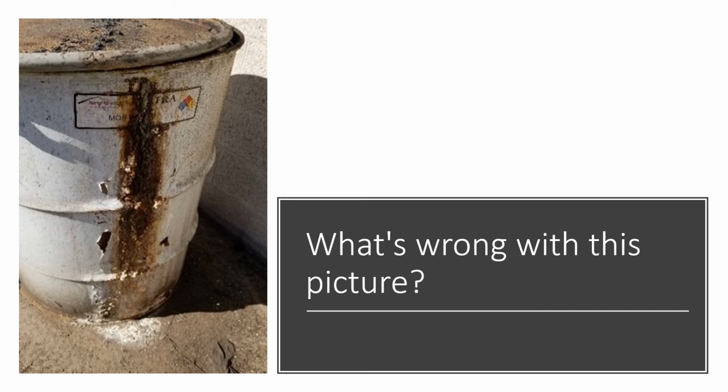Next, we can see that this container obviously is not compatible with whatever waste is being stored in it, and it is burning a hole into the container. Another thing wrong with it is there's no type of label saying that it is a hazardous waste, what those potential hazards are, or when waste was first put in the container, also known as your accumulation start date.